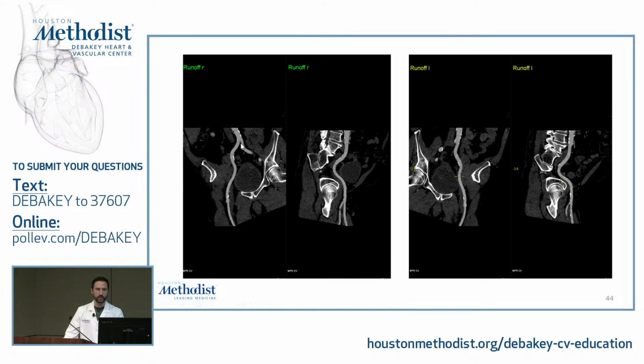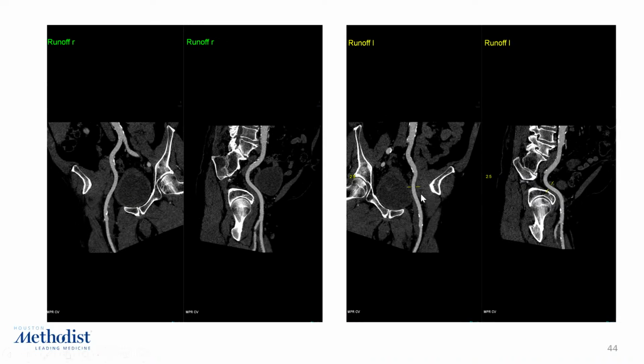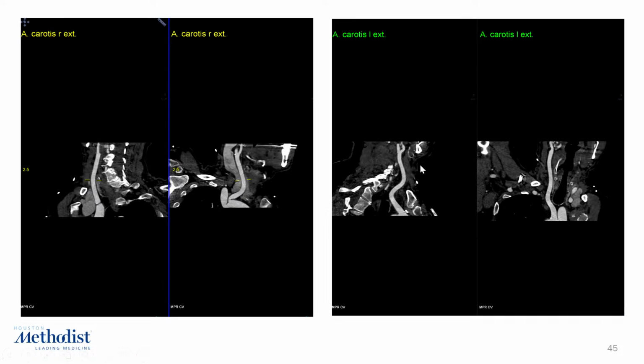Then you can look at the iliacs, whether on the right side or the left side. So clearly you can see here, this is a nice iliac artery, one would say, on the right and the left. I see only mild calcification, and the tortuosity doesn't seem to be too much, nothing that should be prohibitive to accessing the TAVR with the femoral artery.